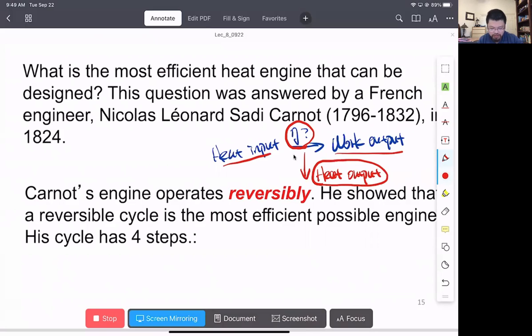So long story short, he designed his so-called Carnot heat engine. The requirement is, one, we need to have this reversible. We'll come back a little bit to this reversible statement. And then according to his result, we need to have the 4 steps.